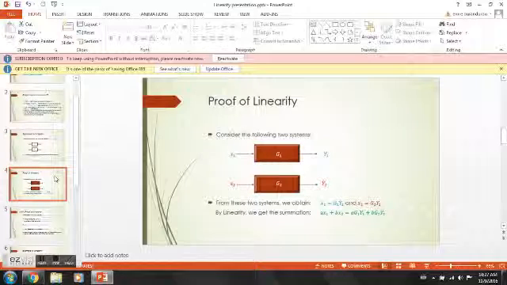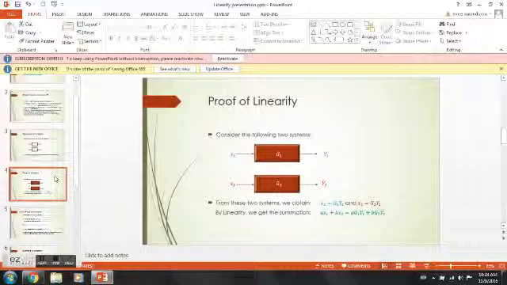Proof of linearity. Alright, so consider the following two systems. We have x1, g1, and y1, and we have x2, g2, and y2. From these two systems, we obtain x1 equal to g1 times y1, and x2 equal to g2 times y2.